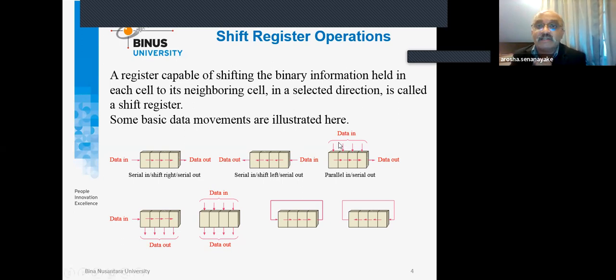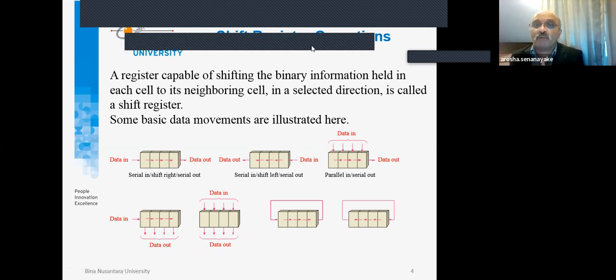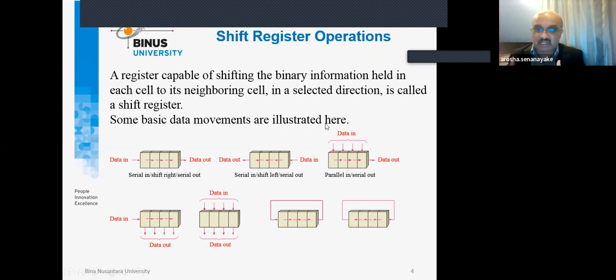You can see that data here all enters the boxes at a glance, simultaneously. 4 bits will be added to the boxes simultaneously, but for the data out, what we have is a single cable, again transmitting 1 bit at a time.